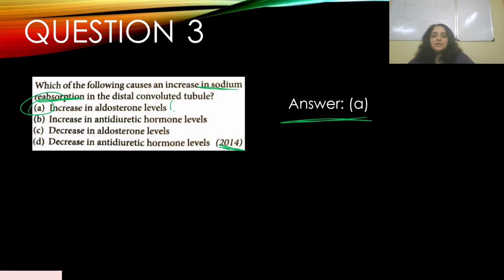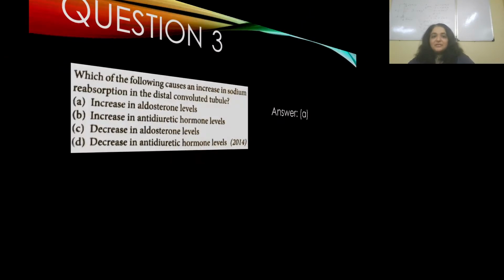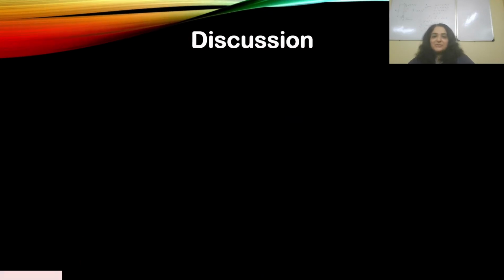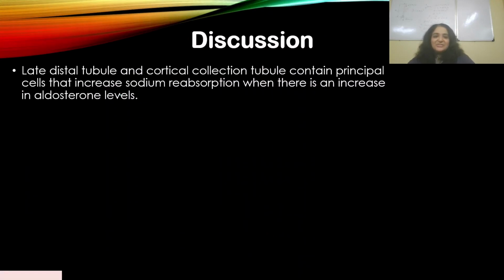When there is low blood volume, low blood pressure. That is when there is aldosterone secretion, which then acts on the DCT. Now you see how easy it is for you to answer those questions. The late distal tubule and cortical collecting tubule contain principal cells, and they increase sodium reabsorption when there is an increase in aldosterone levels.